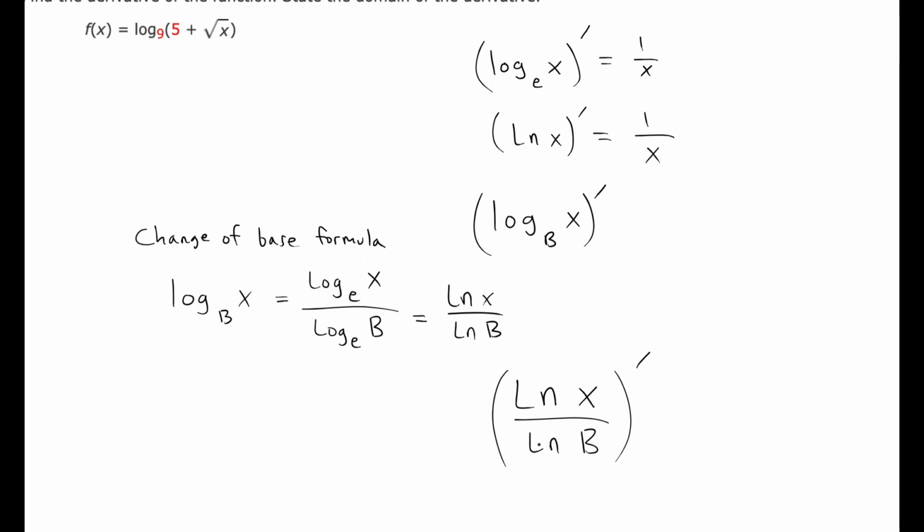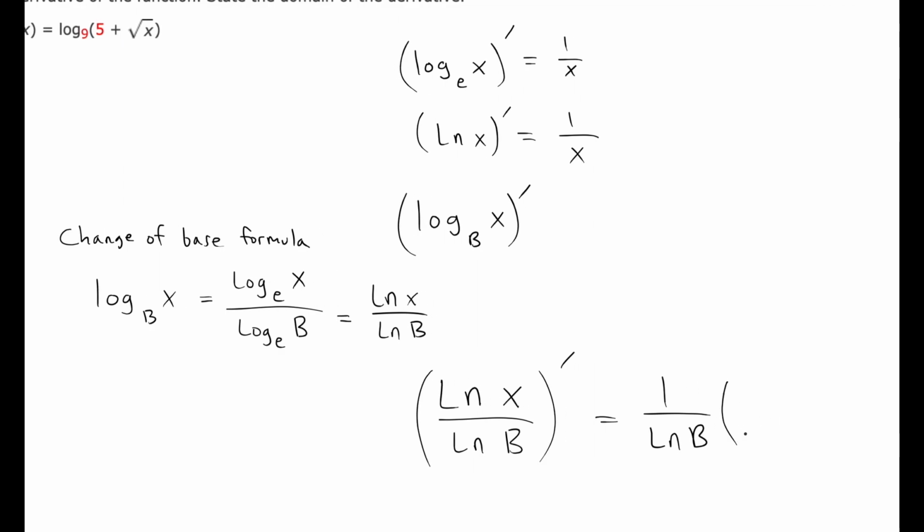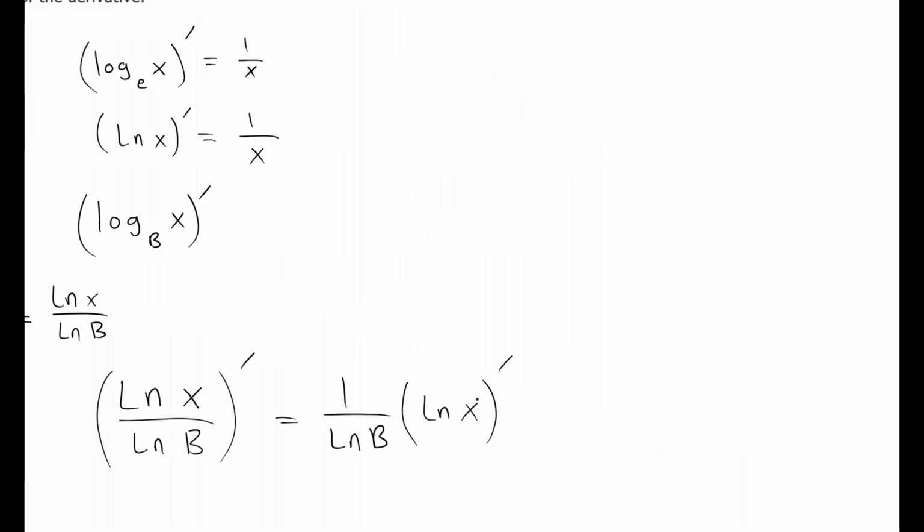So the 1 over ln b is like a constant, and you can pull it out front like you could with any constant. When you're taking the derivative of an expression and it has a constant factor in it, you can pull that factor out.